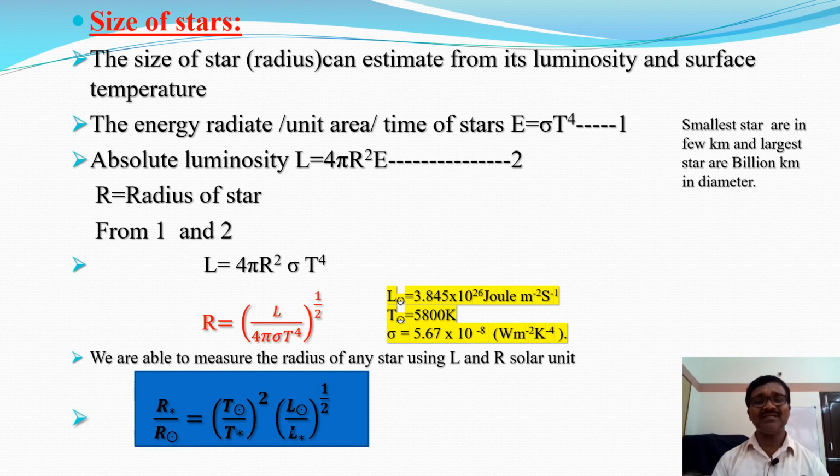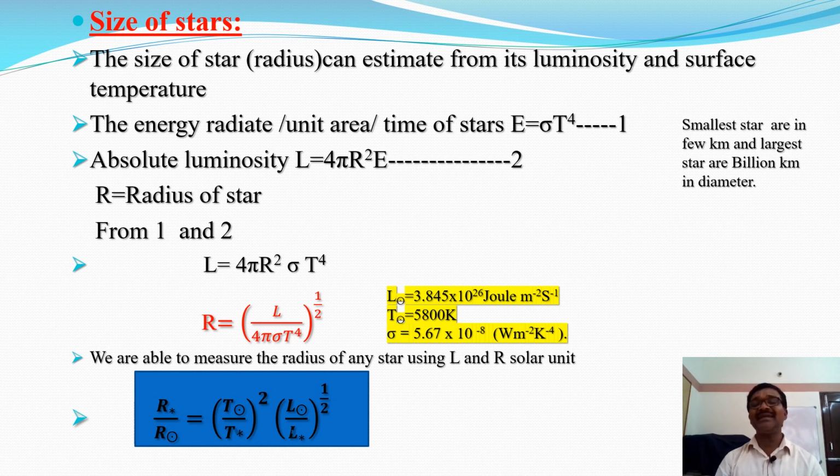As we know, the surface temperature of the star is estimated by the rate of production of energy at the core, and also by the color index. Therefore, the size of the star we estimate from its luminosity and surface temperature.